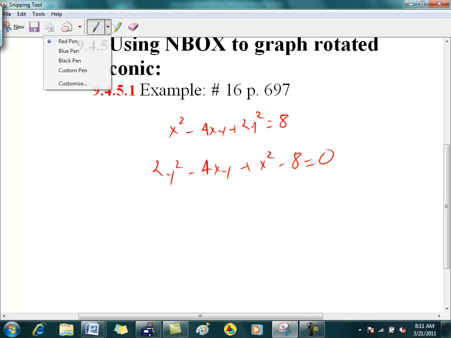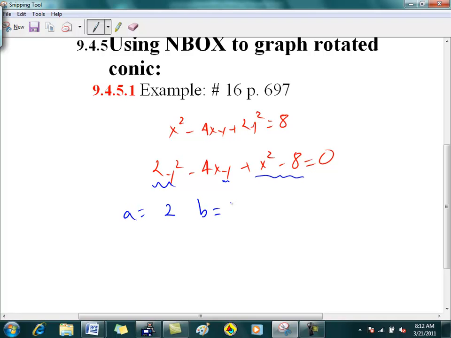Does this look like a quadratic equation to you? What is a equal to? What's b equal to? Negative 4x? Because remember what we want to do is put y1 as some function of x in our graphing calculator.